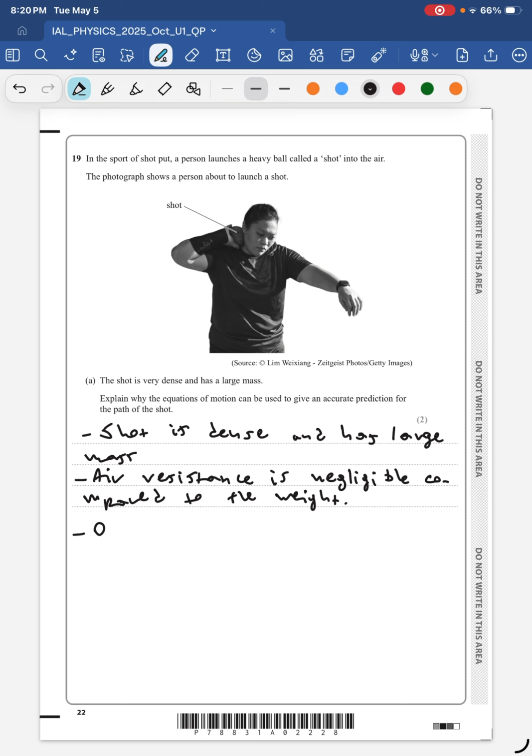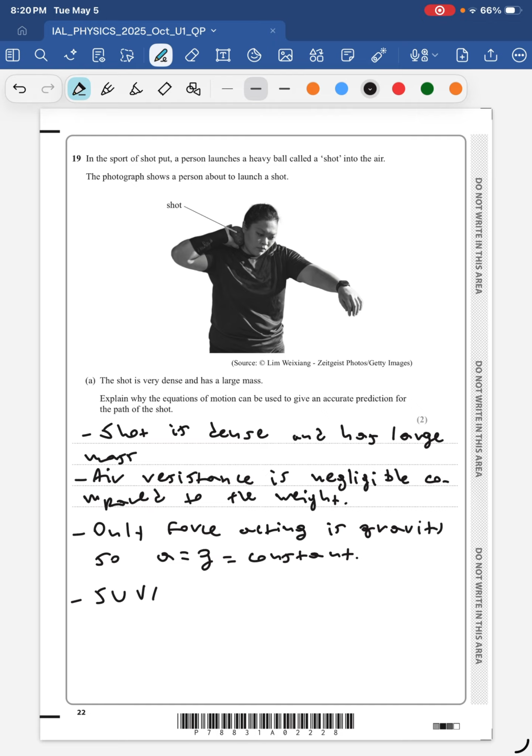So the only force acting is gravity. Okay. So the acceleration is equal to g and is constant. Okay. So suvat equations assume the acceleration is constant. Okay. So we can use them.